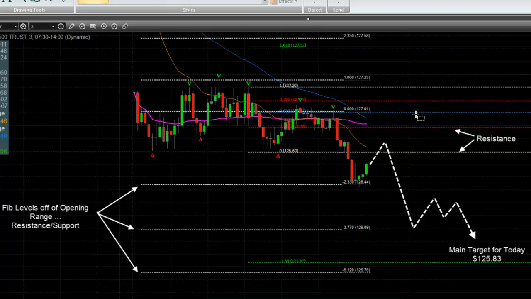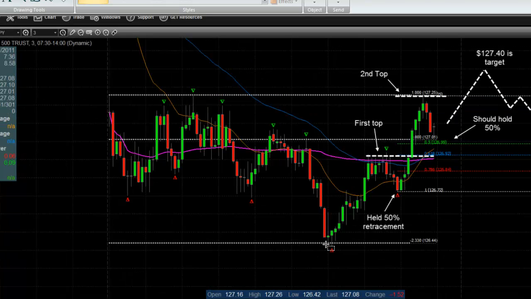That was where I was looking to go short, and hopefully break the low of the day and push all the way down here to the target of 125.83. So that's where I changed from my first plan. I originally thought that the lows we had made earlier in the morning were holding, and we would bounce in there, but we didn't. So that's the change I had to make to my plan.